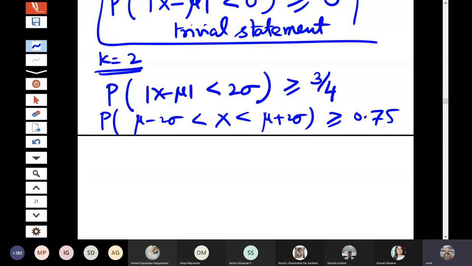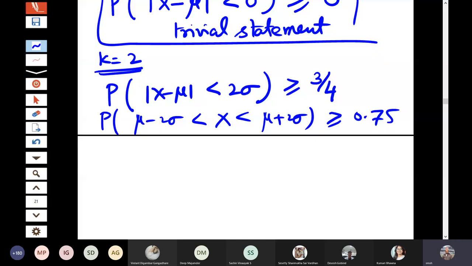And this is what we observe when we look at the performance of students, the performance of the economy, the agricultural production, and so on. So the spread of the distribution is known from here. In that sense, this is one of the very, very useful results.